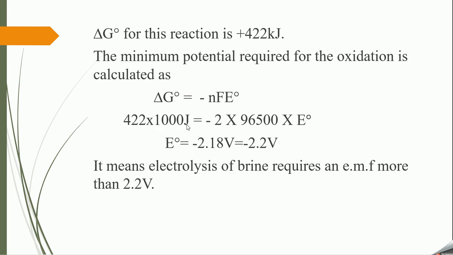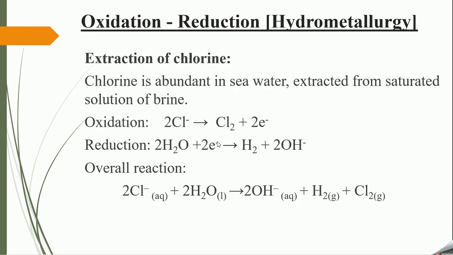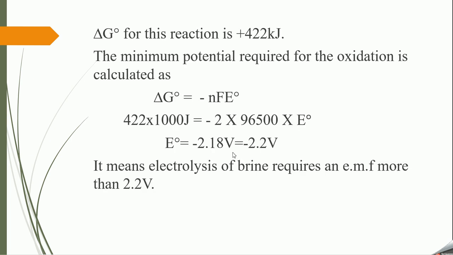422 into 1000 joule is equal to minus 2 into F into E naught. N is nothing but the number of electrons lost or gained. Here the electron lost is 2 or electron gained is 2. So n is 2, and the value of F is a constant, that is 96,500, into E naught.